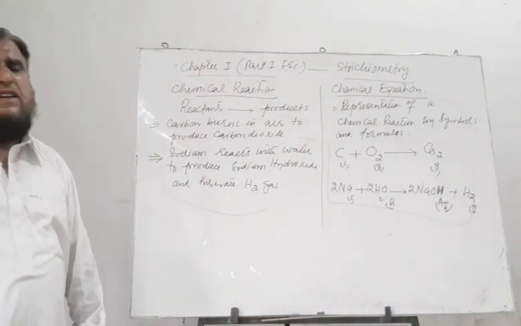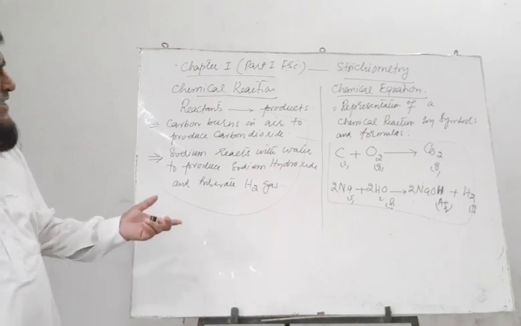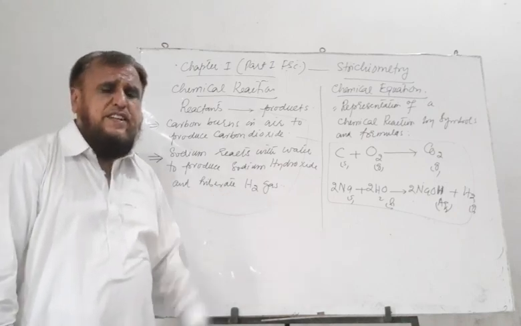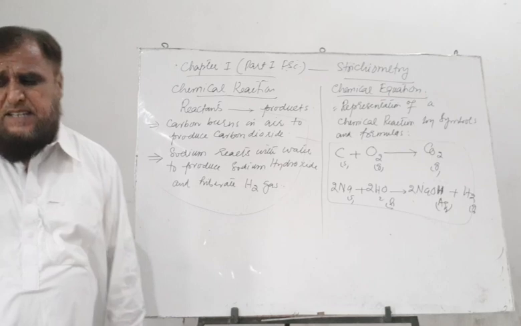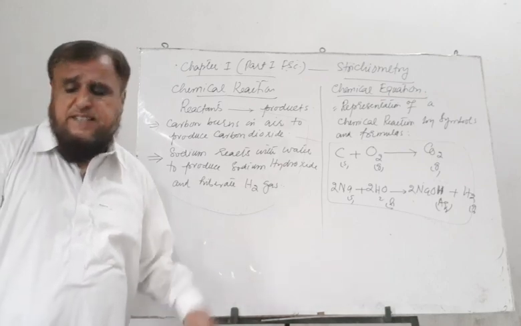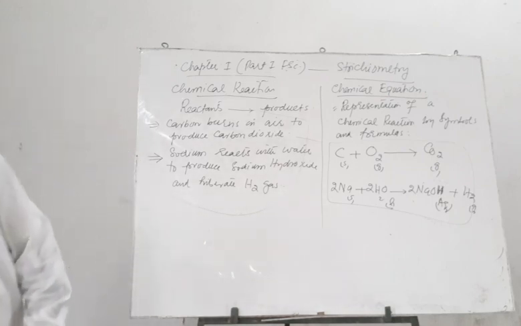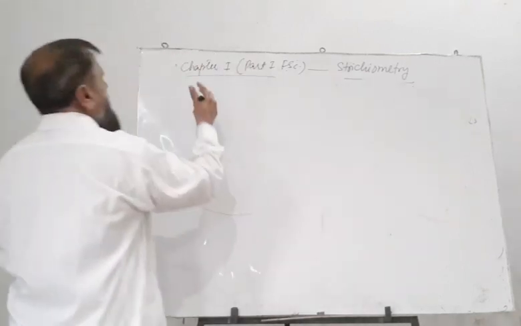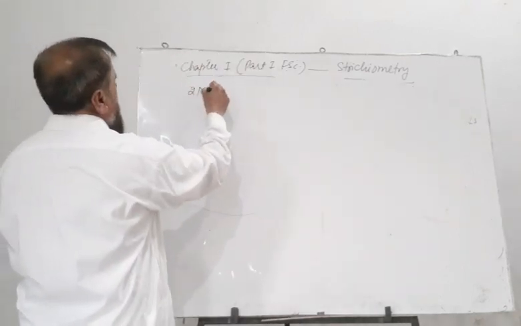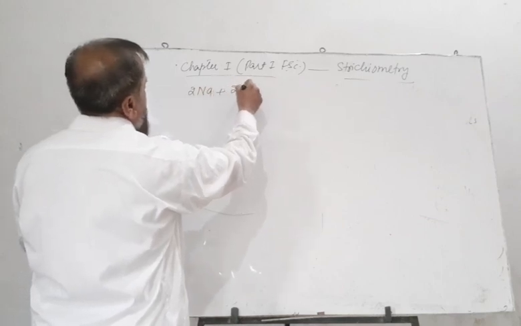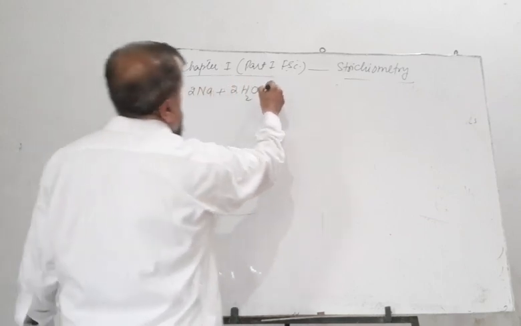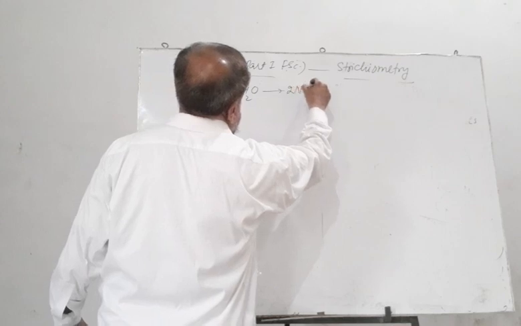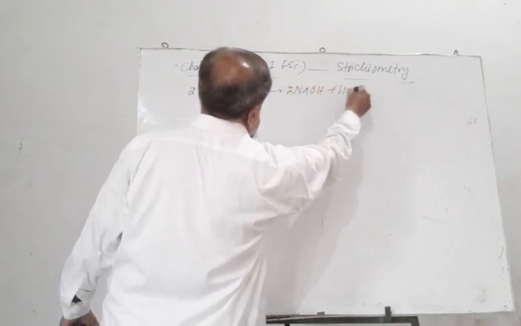In any chemical equation, for any reaction, there may be different relationships present among reactants, and between reactants and products. For example, let us consider reaction number 2, between sodium and water, which we have written as 2Na plus 2H2O gives 2NaOH plus H2.